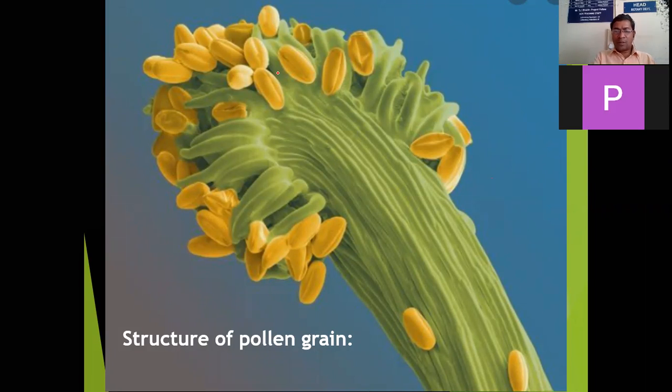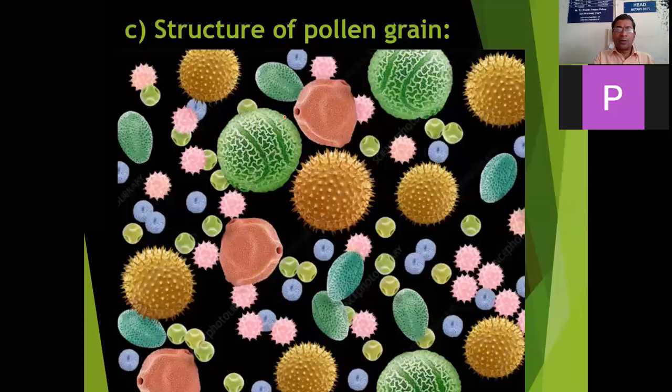Now we will see some more pictures and some more pollen grains. Here you can see a picture which shows different pollen grains. Actually, this is a mix. All these are pollen grains of different plants, and this is also a scanning electron micrograph.